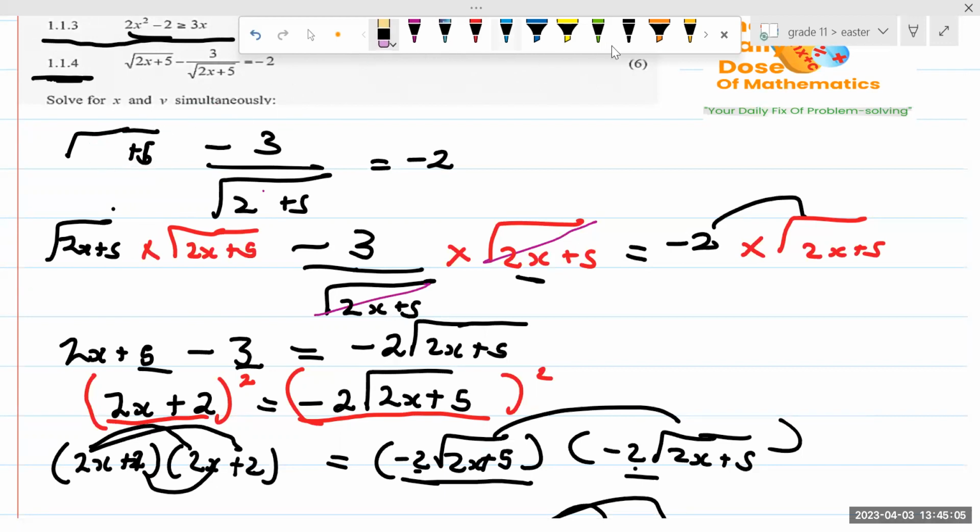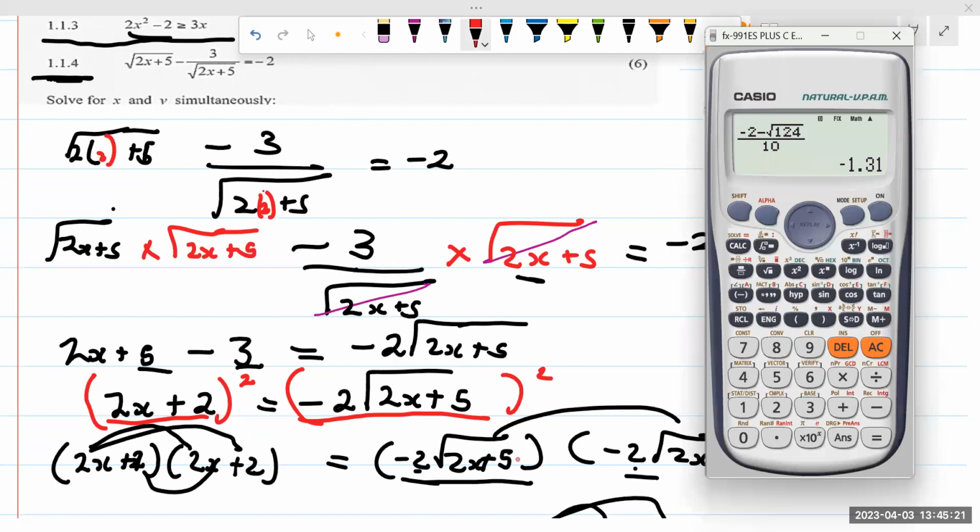So if you put 2 multiplied by 2 plus 5, and then even here you put 2, you type this in your calculator: 2 multiplied by 2 plus 5, minus 3, all over 2 multiplied by 2 plus 5.